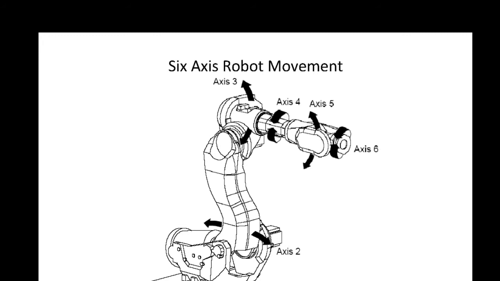I think you people understand the arrow marks. And next, axis 3 is the upper arm axis. It is also an up-and-down axis, but it works in combination with axis 2. The activity of axis 2 and axis 3 is the same, but the up-down movement differs between axis 2 and axis 3.